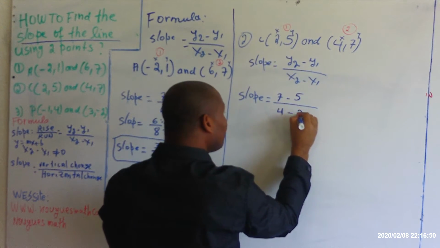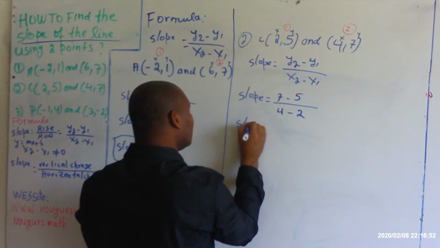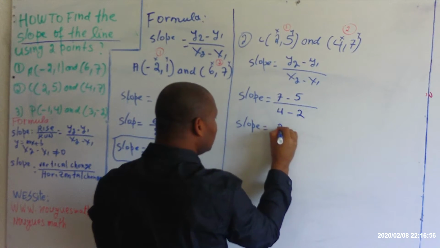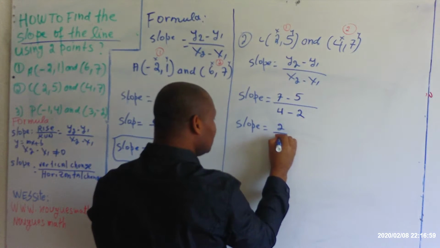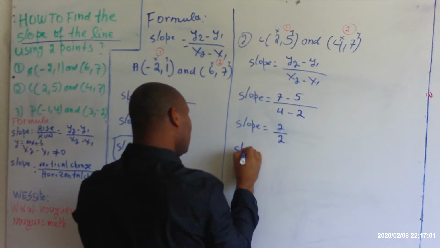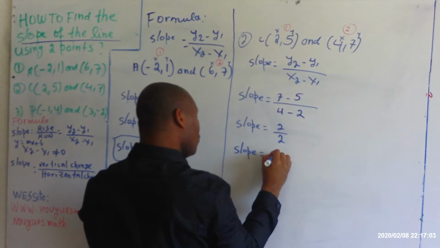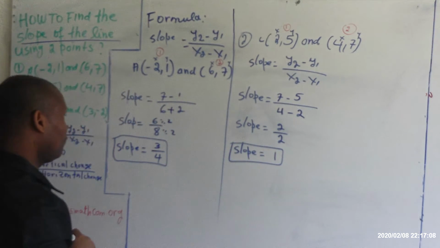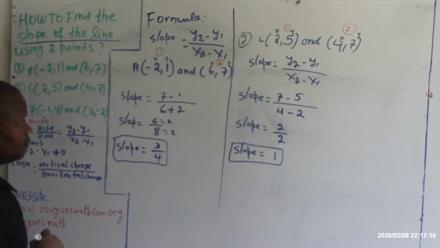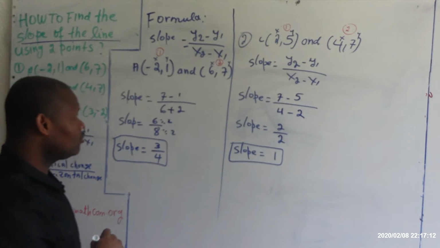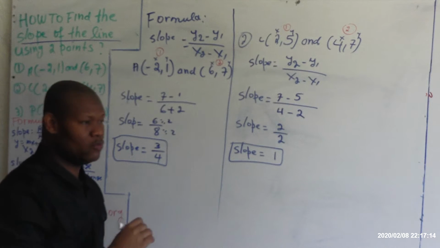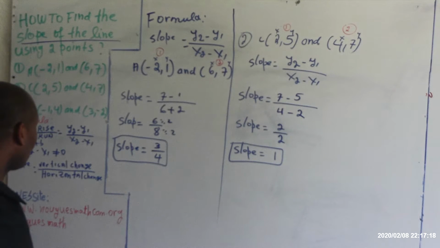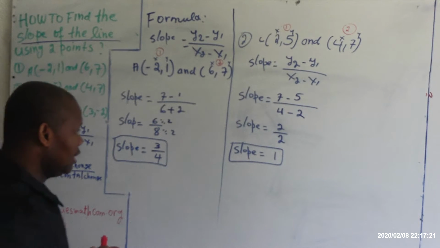So 7 minus 5, that's going to be 2. 4 minus 2, that's going to be 2. The slope is equal to 1. Perfect. So far this is not bad, this is easy. If you know how to use the slope formula, it's going to be very easy. Okay, let's do the last one.